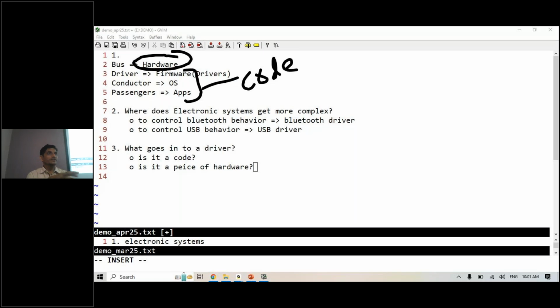Now he has to ask, what is it that I want to control? Do I want to control USB? Then he has to develop a USB driver. If I have to develop a Bluetooth driver, or an SSD driver, I develop that.